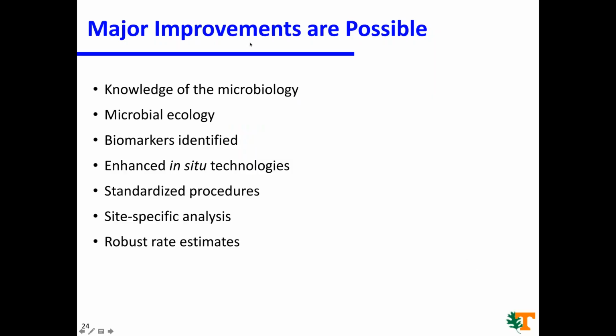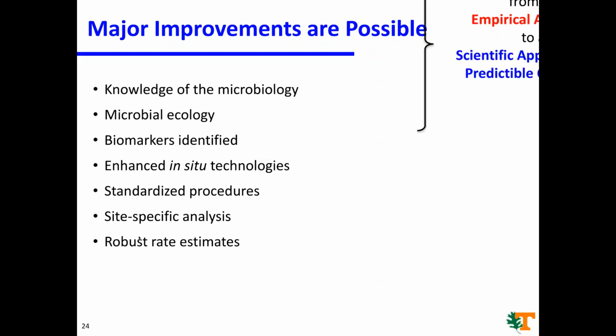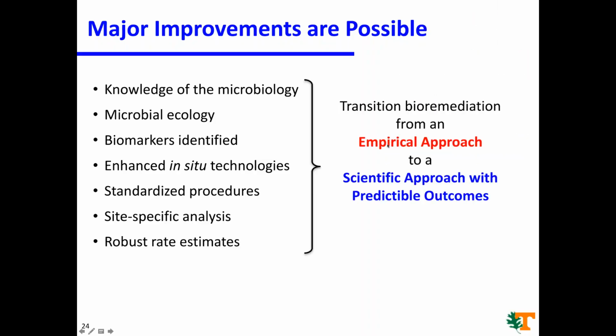Okay, so I argued that at the moment we do empirical bioremediation, but with all the knowledge that academic institutions are currently generating, we can move this empirical approach to a scientific approach with predictable outcomes, what I call precision bioremediation.